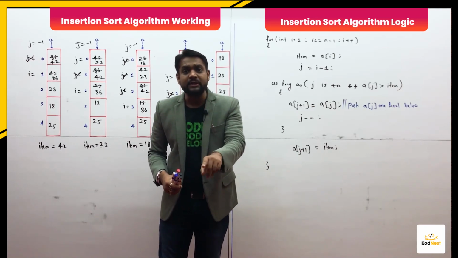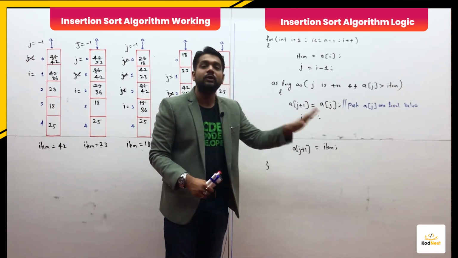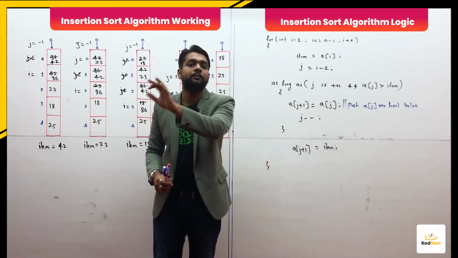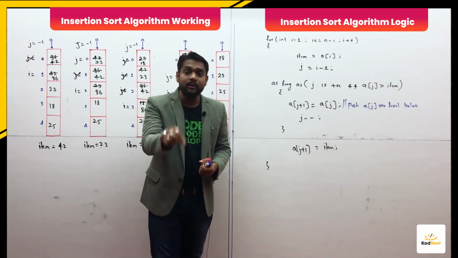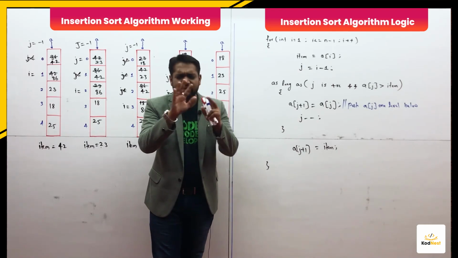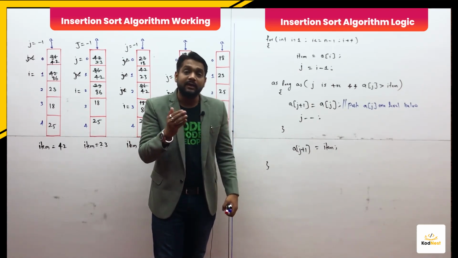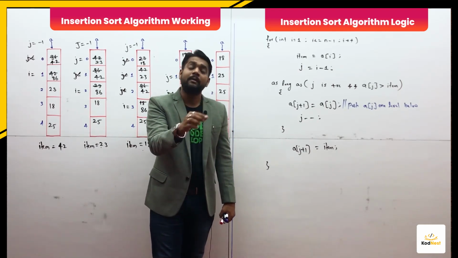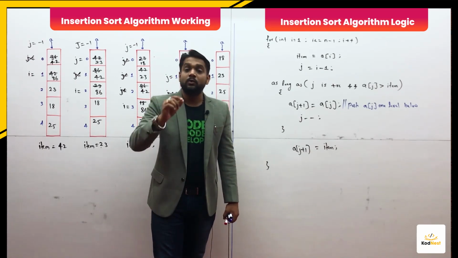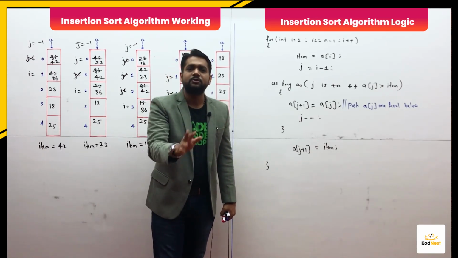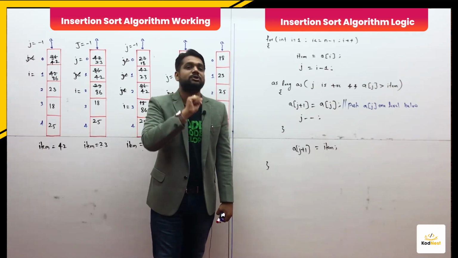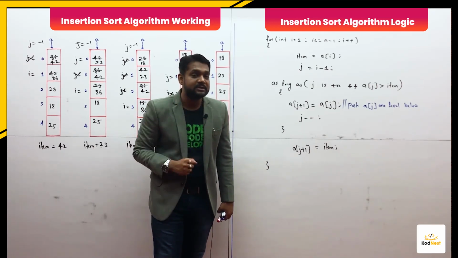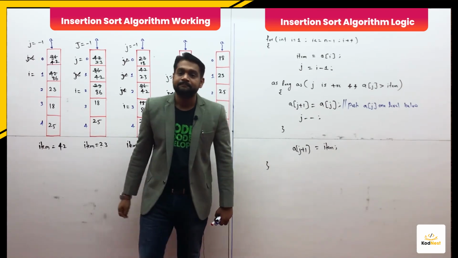By reading that question, try to convert this logic to a fully working insertion sort program. Let me see how many of you will do it. Until you do it, please try it. If somewhere you are stuck and cannot go ahead, then only continue the video, watch the program, then come to a conclusion. You have to put in 100% effort to convert this logic to the working program, like however we converted the selection sort. Try it, let me see. Be quick.